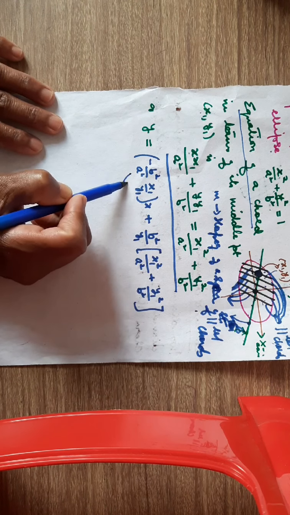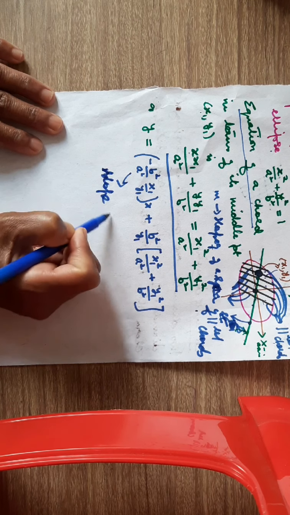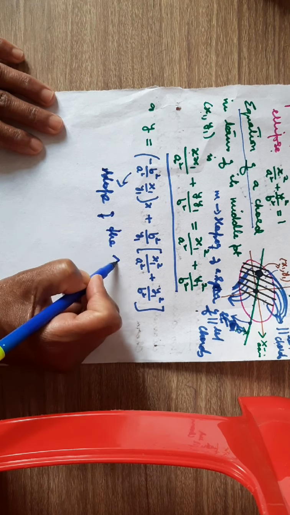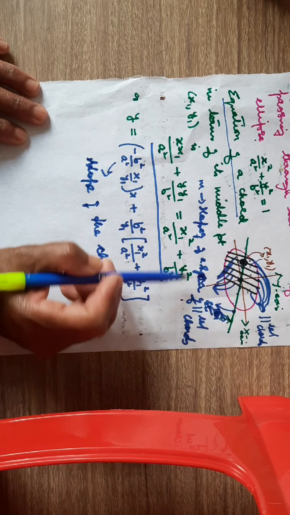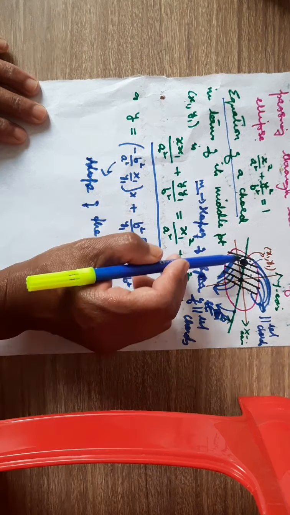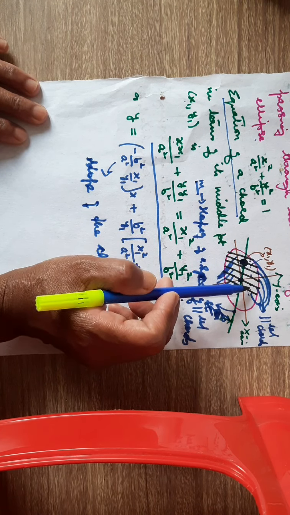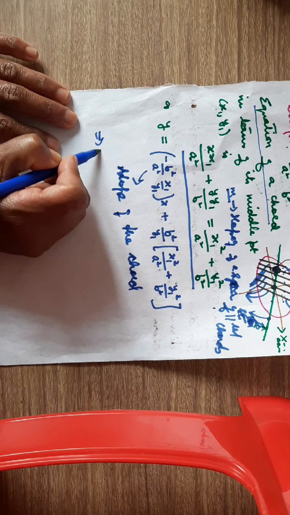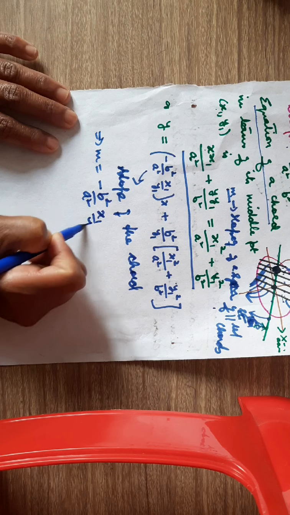Now from here you see that this one will represent the slope of the chord, that means this one. But we know that in the beginning I've taken m to be the slope of the system of parallel chords. That means m is the slope of each one of these parallel chords here. So in that case you'll get m is equal to minus b square by a square x1 by y1.